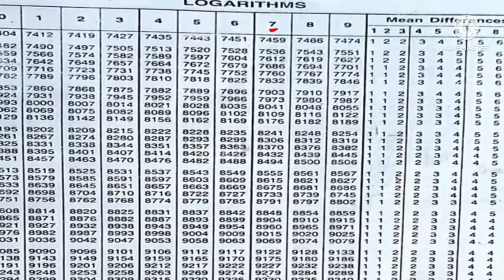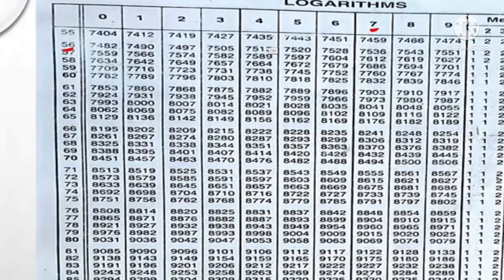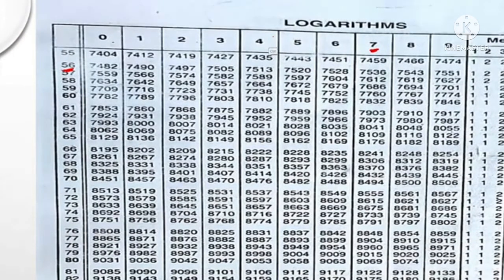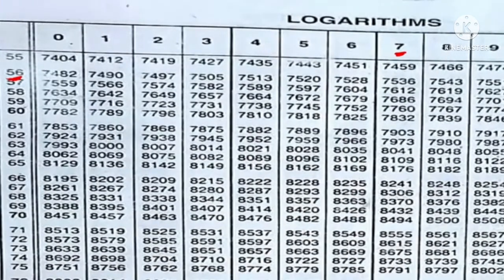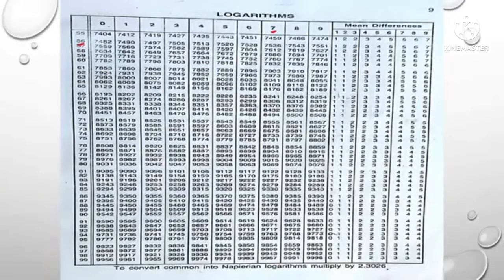Now you can observe clearly. 56 is here. We can go directly along the horizontal line and 7 is here. So we get the answer 7536. See here, this is the number, 7536.